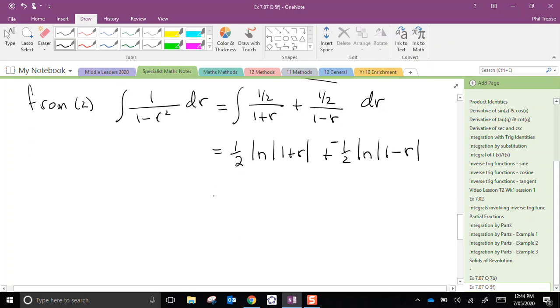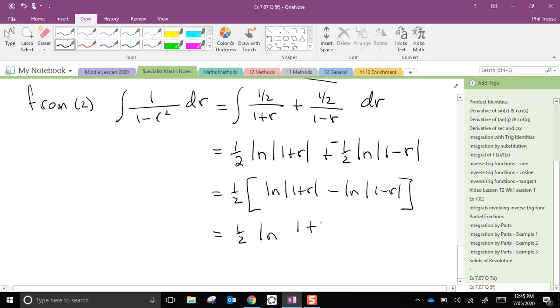So let's take the factor of half from some brackets, and I would have ln of 1 plus r minus the ln of 1 minus r, and that I think is best as the natural log of 1 plus r over 1 minus r. Let's just pause there for a sec.